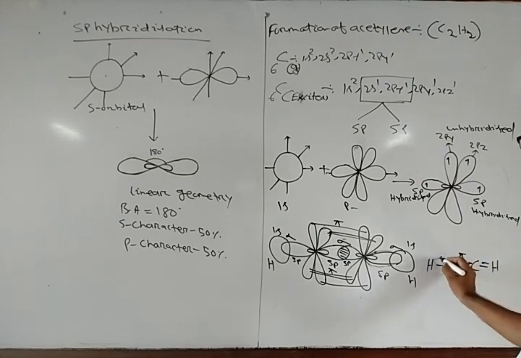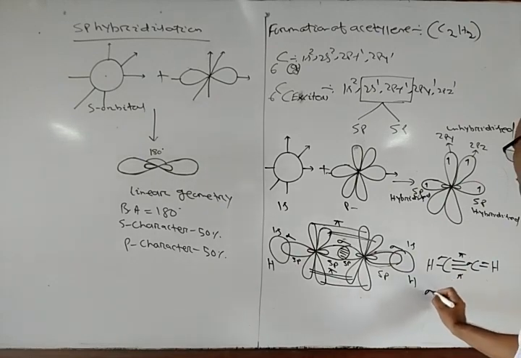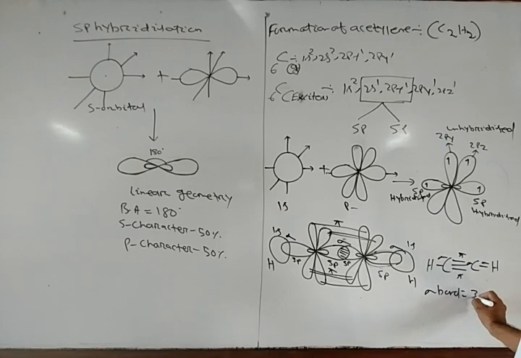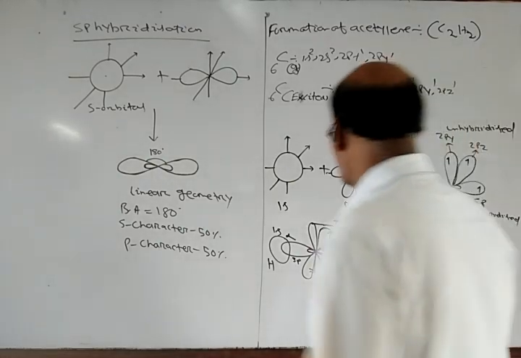So total sigma bonds we have three, and pi bonds we have two. So this is how the C2H2 molecule is formed.